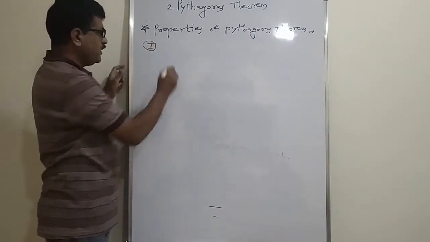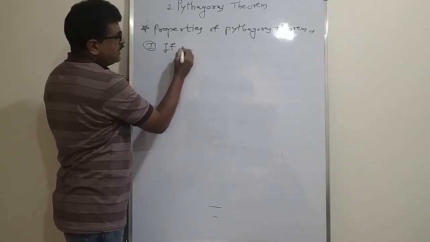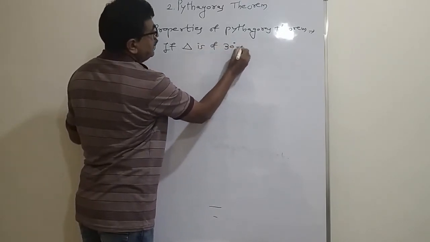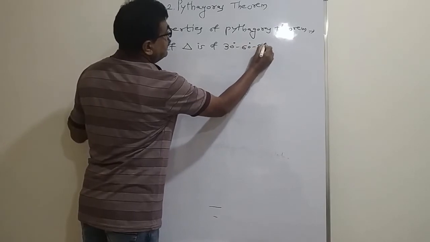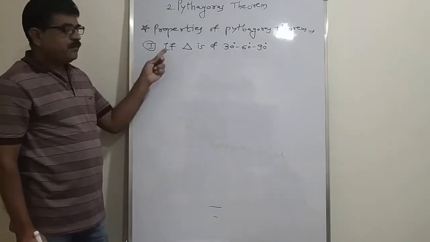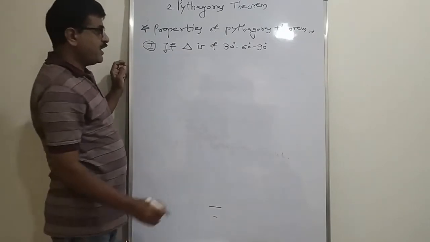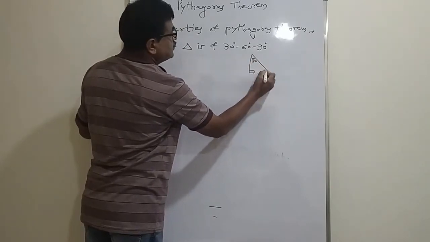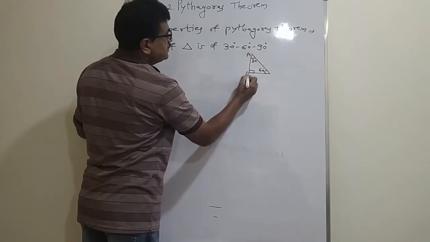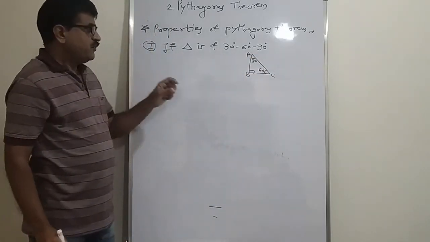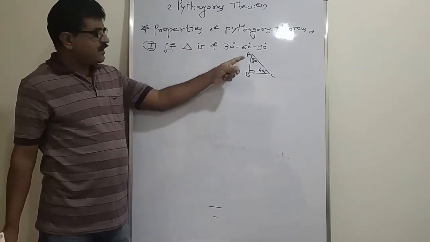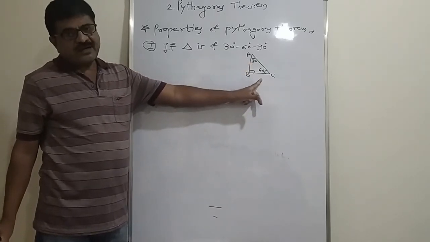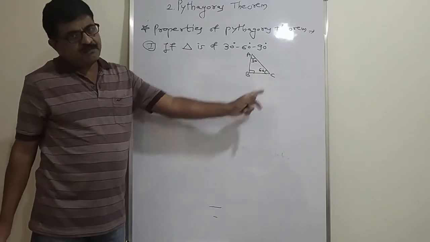The first property: if a triangle is a 30, 60, 90 degree triangle, suppose this is triangle ABC, then the side opposite to 30 degree is BC.